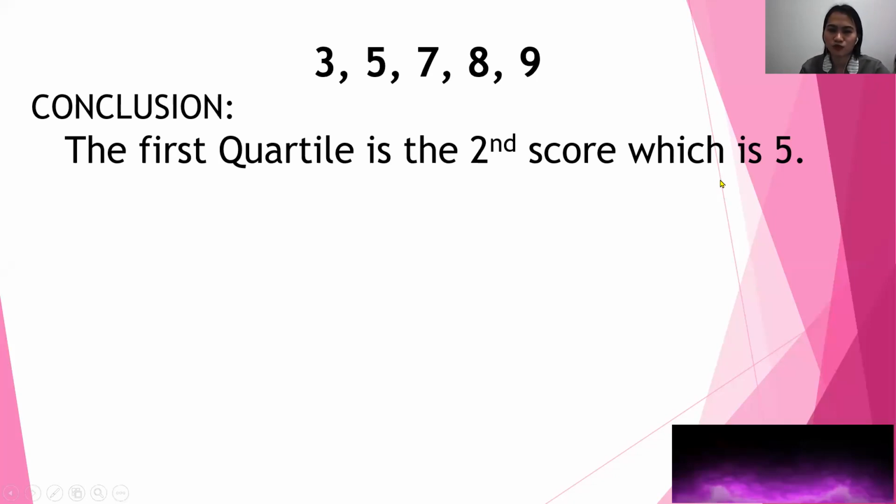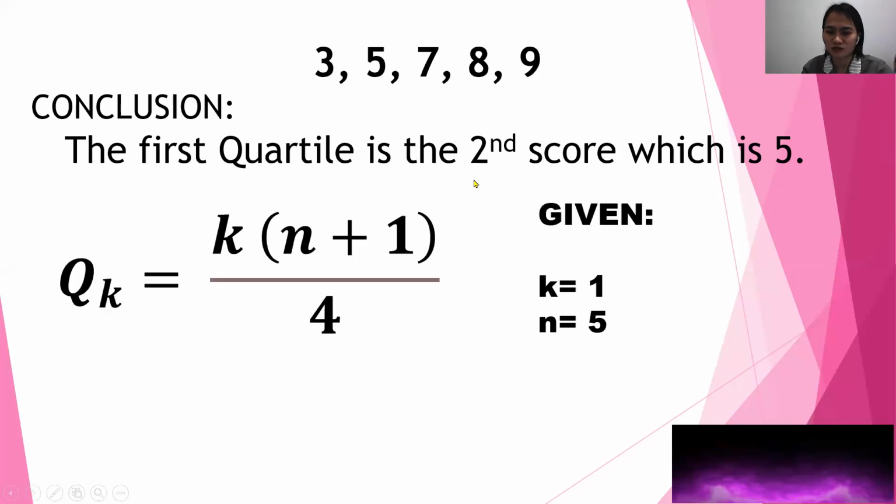You're going to satisfy the given conclusion based on the given values: k is equal to 1 and n is equal to 5, using the given formula.